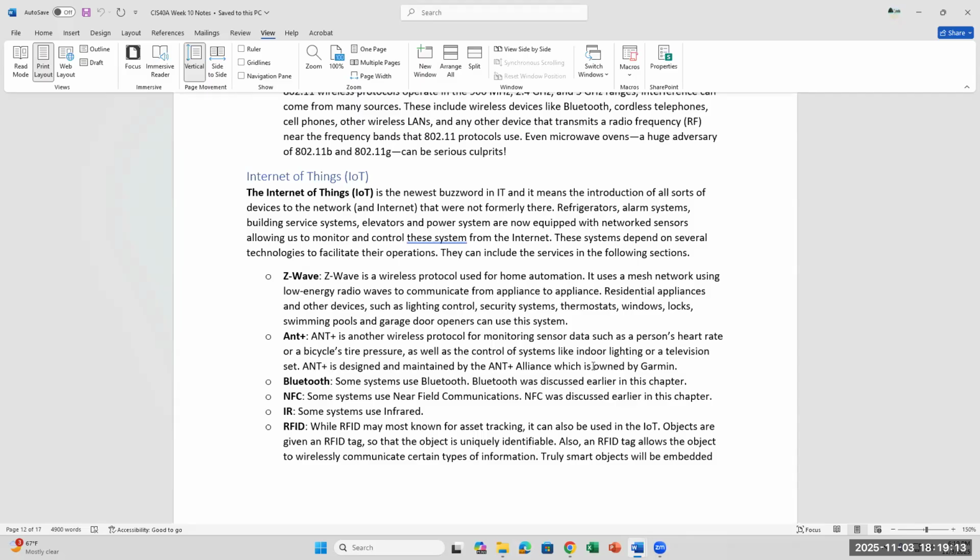So you have to understand certain protocols that are not your regular consumer protocols and standards. You're familiar with 802.11ac because that's what you use regularly in home and business, but you also have these. Z-Wave is for home automation.